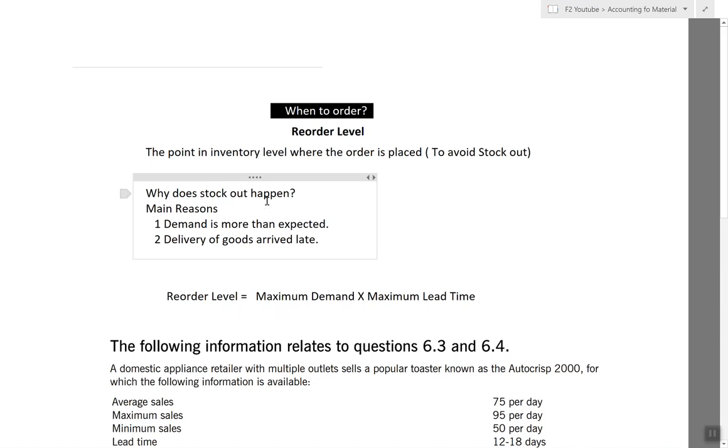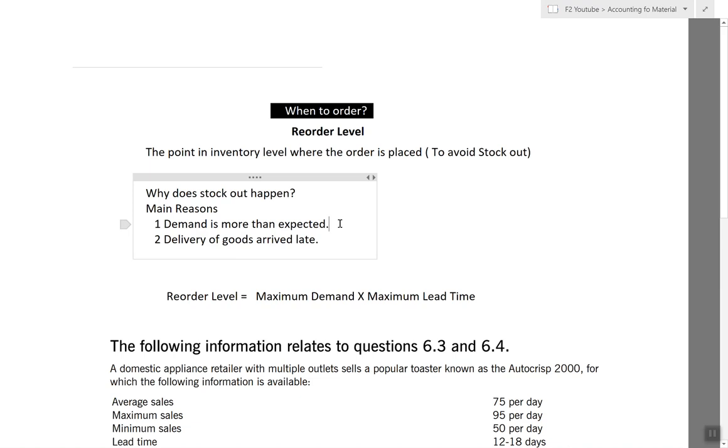Now, why does stockout happen usually? Why does an organization run out of inventory? If they have ordered at the right time, there's no problem of them ordering late. They have ordered at the right time, but they still run out of inventory. What could be the two reasons? One reason is demand is more than expected.